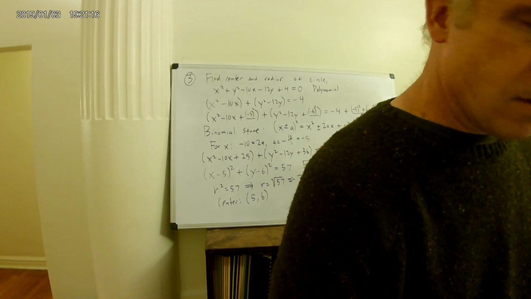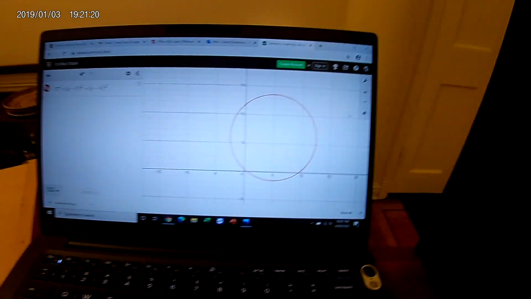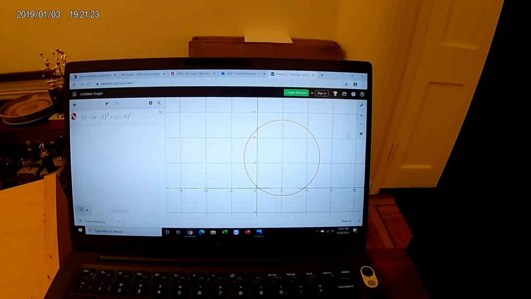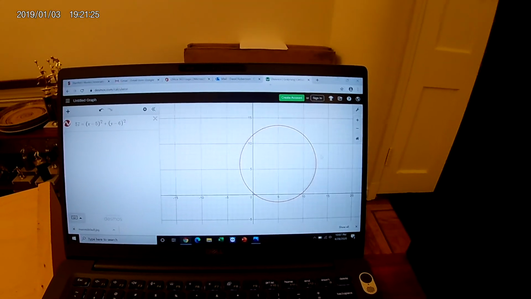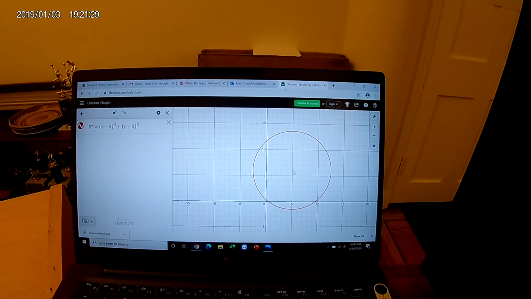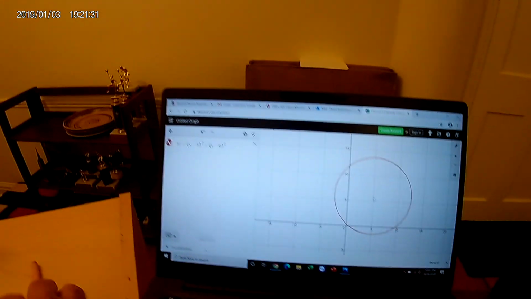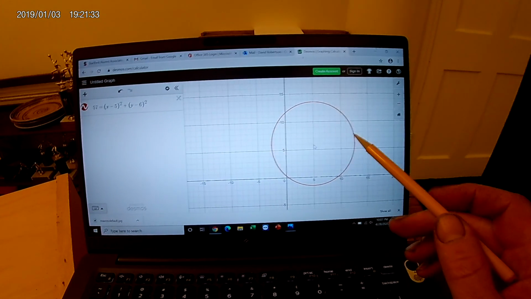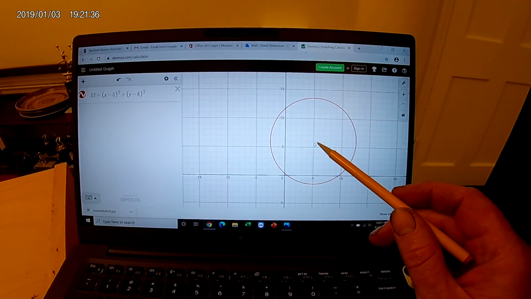There we go. I'm going to show this to you guys. I know this video has gotten kind of long, but it's almost over. This is my circle, and I can see that my circle is centered at x equals 5, y equals 6. It's centered right there. Let me point this out with a pencil. That might be easier. It's centered right there.